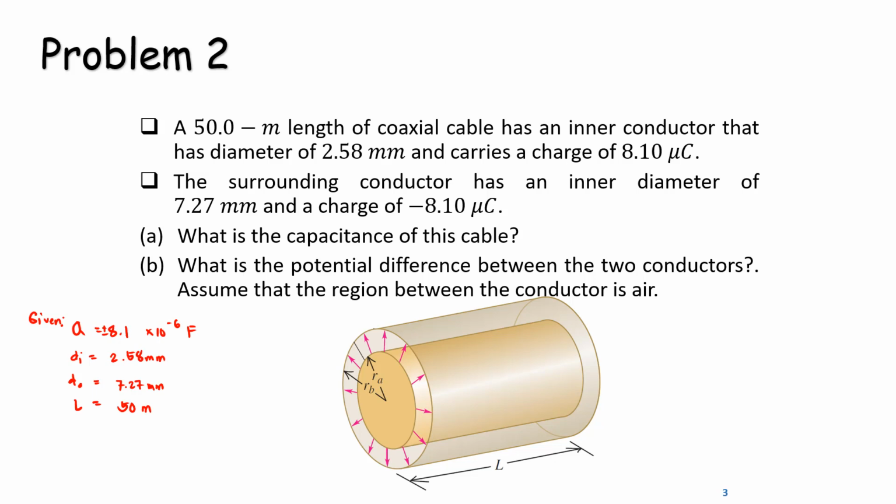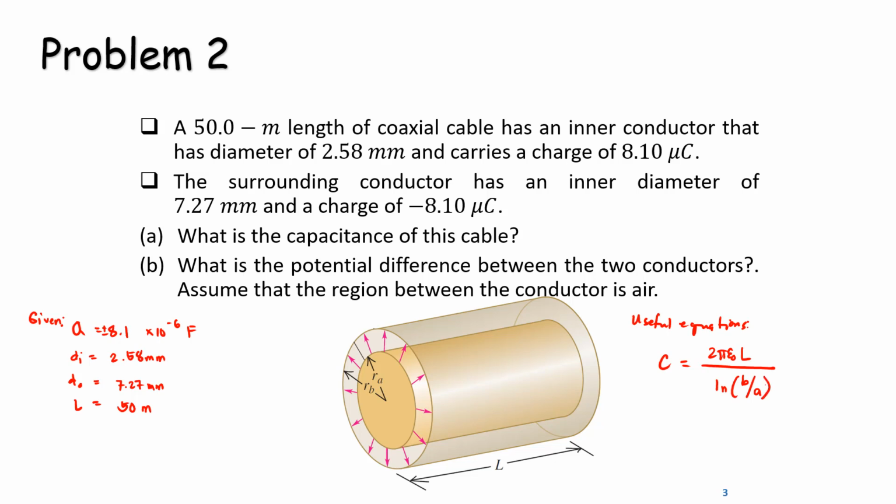Alright, so the equations that we will be using are the following. We can use the capacitance for a cylindrical capacitor, which is equal to 2 pi epsilon naught multiplied by the length divided by ln of the radius of the outer cylinder over the radius of the inner cylinder.